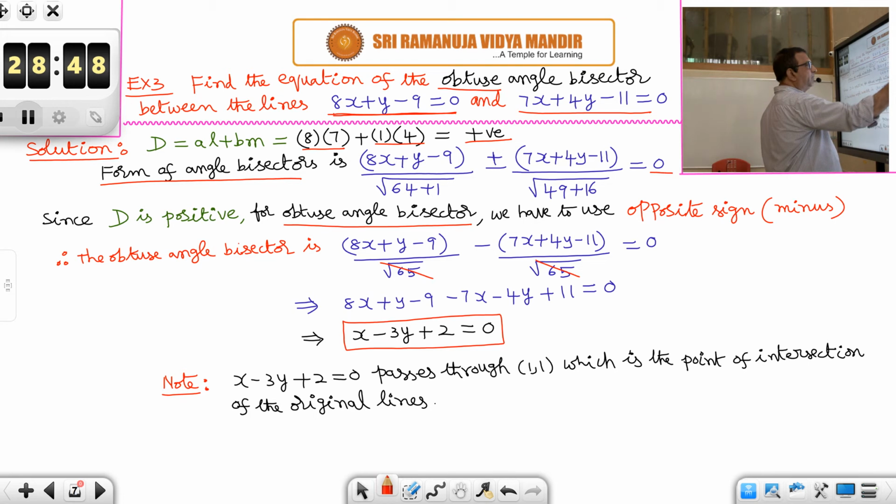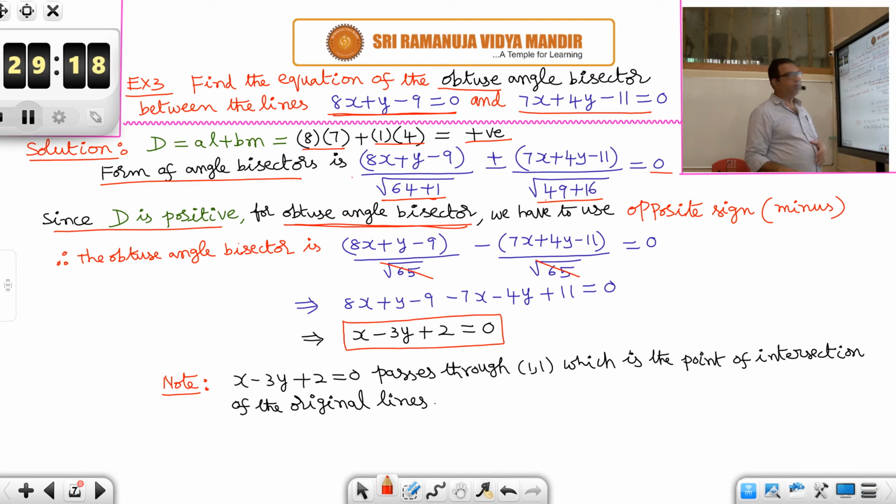Only 0 on the right side, both lines on the left side only. (8x + y - 9) by root of 8 square plus 1 square here, plus or minus (7x + 4y - 11) by root of 49 plus 16 here. Okay. So that is what I have written here. Since D is positive, for obtuse angle bisector we use the opposite sign; if it is acute angle bisector, we have to use the same sign, that is positive sign only.